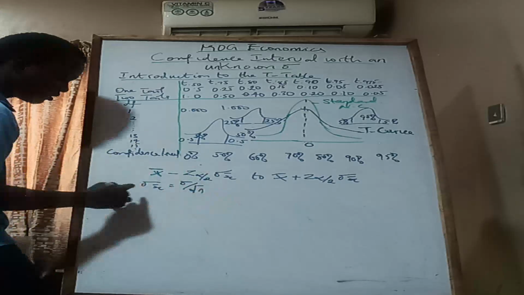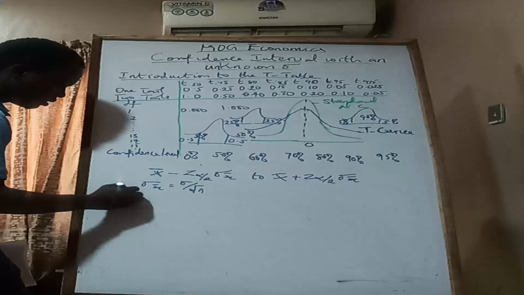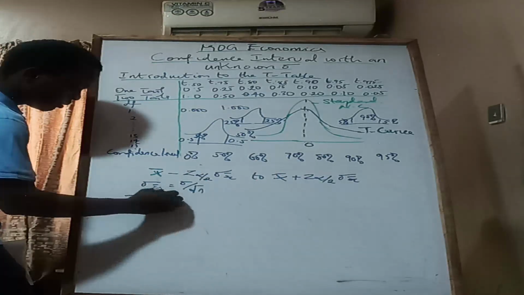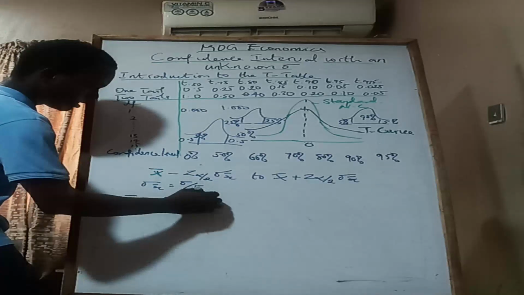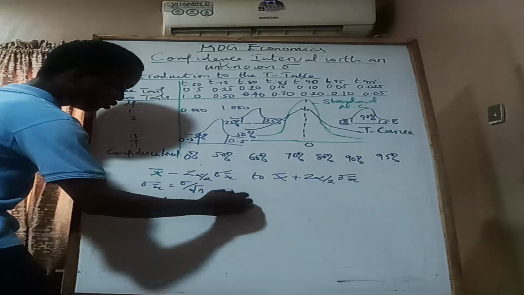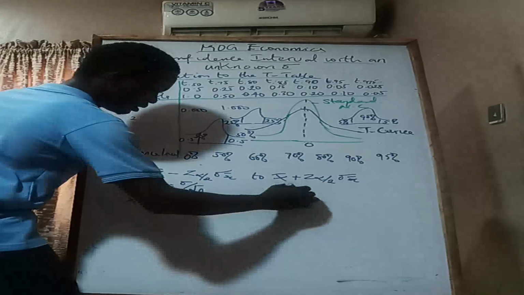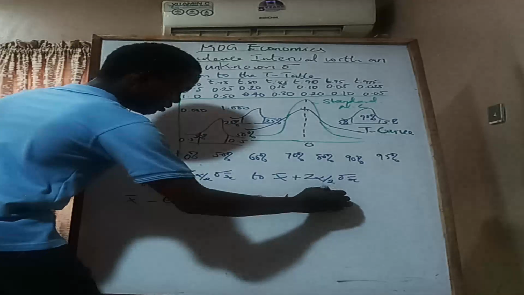So the formula changes. The confidence interval using the t table now is going to be bar x minus t alpha over 2 times the standard deviation of the sample, to bar x plus t alpha over 2 times the same.